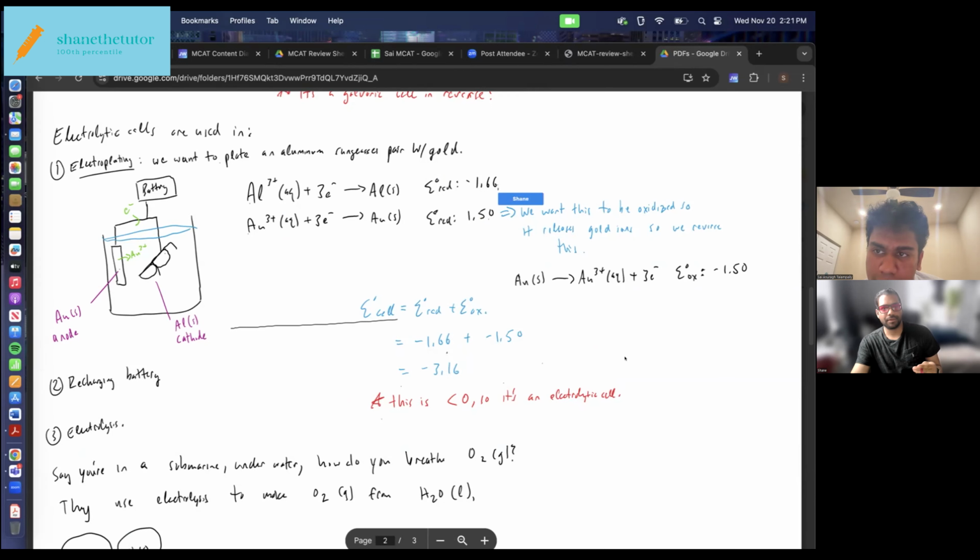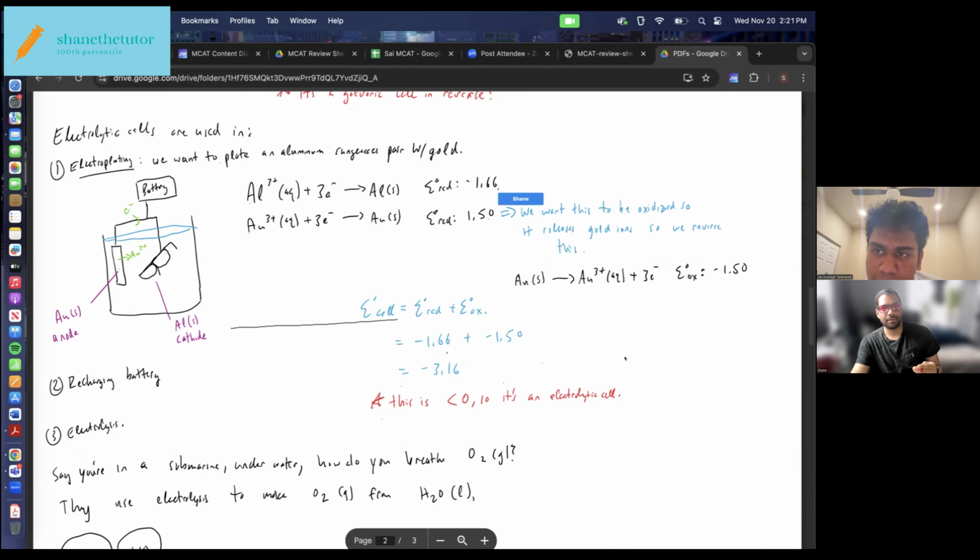Well, technically, you said that we need to plate an aluminum sunglass. So basically what I'm getting at is that for electrochemical, whichever has the higher reduction potential gets reduced. For electrolytic, whichever has the lower reduction potential gets reduced.